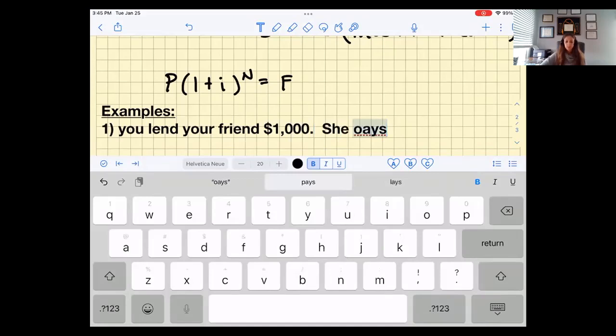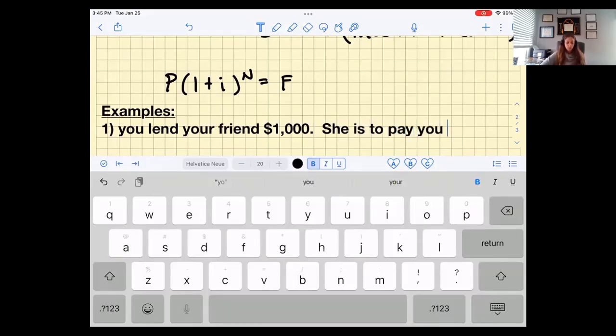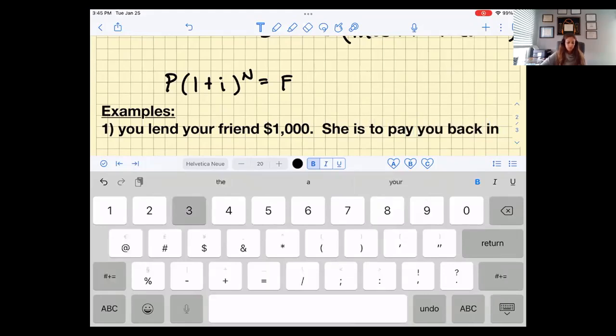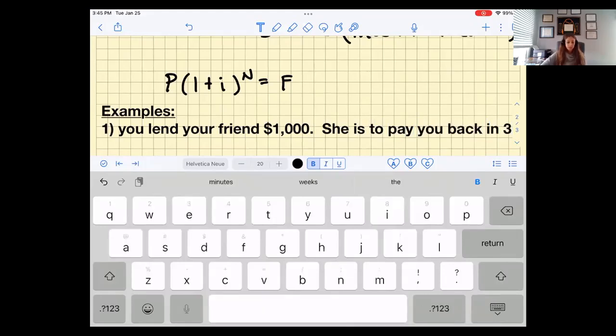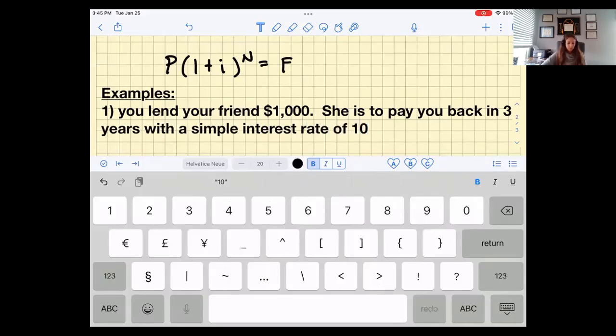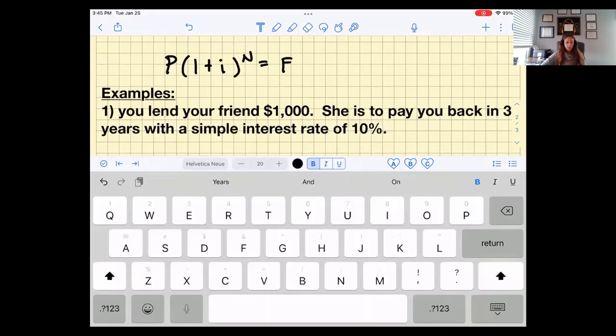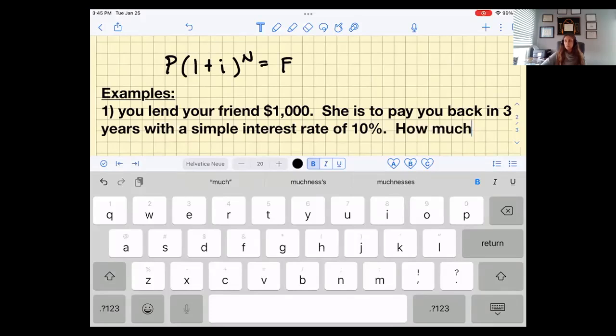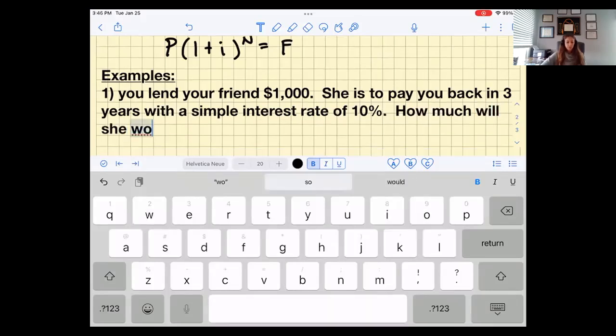She is to pay you back in 3 years with a simple interest rate of 10%. How much will she owe you?